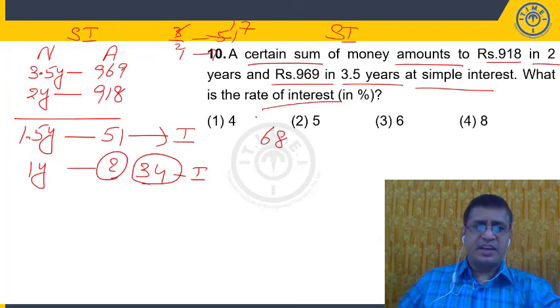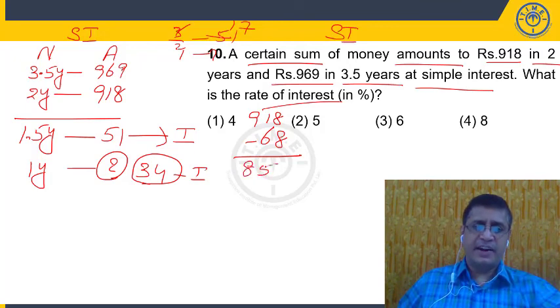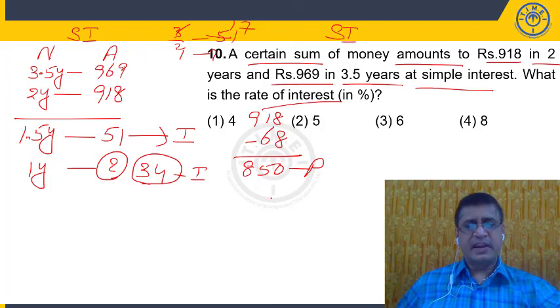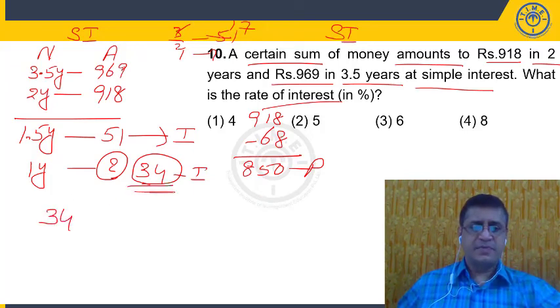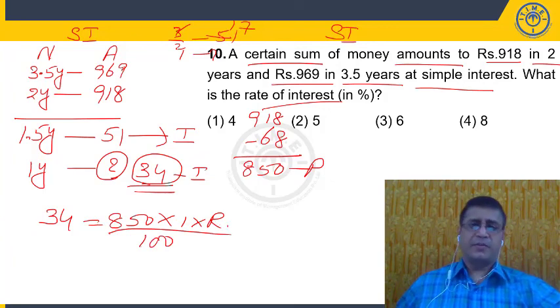When you subtract 68 from 918, amount minus interest, it will give the principal value. How much is the principal? 850 rupees is the principal. Principal is 850, 34 rupees is the interest for 1 year, and we need to find the value of the rate of interest.